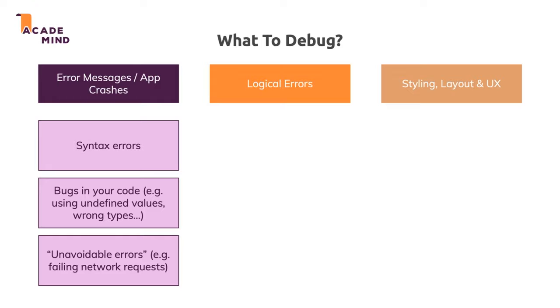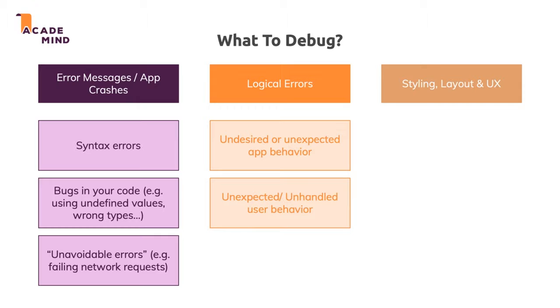And for such errors, you can also find strategies where you can't avoid the error, but where you can handle it. Now, for logical errors, a typical example would be that you have some undesired or unexpected app behavior, and you of course want to get rid of that. That you have some unexpected or unhandled user behavior so that users are using your app in a way you didn't intend them to use. So when testing your app during development, you want to be really creative and find out if users could get into spots where they can't proceed or where your app is not working correctly.